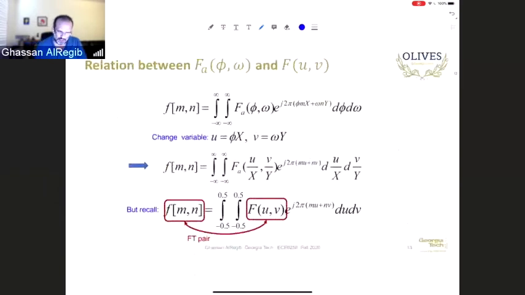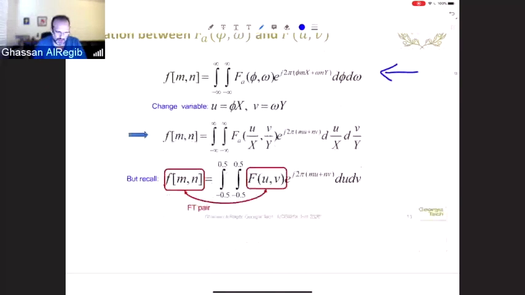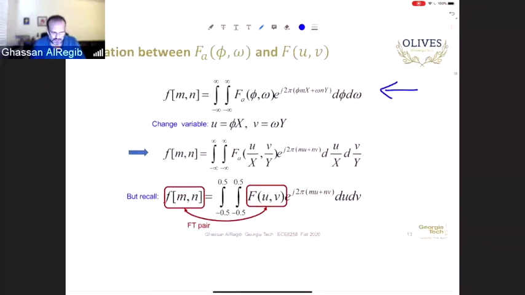So we take that equation. This is the same equation here. And now we will introduce a change of variables: mu is equal to phi times capital X, and nu is equal to omega times capital Y. And then I plug these new variables into the equation, and I get this equation here.